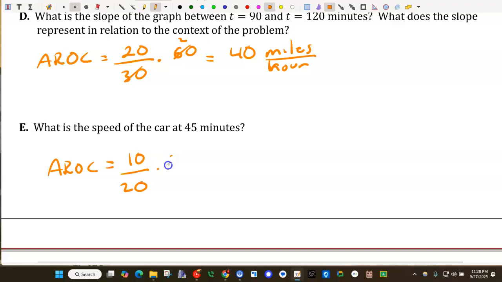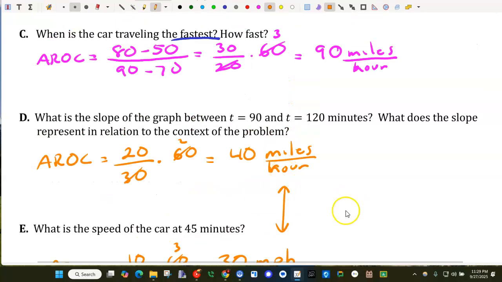Okay, and multiply that by 60 again. That goes 3, so we have 30 miles per hour. Sometimes you'll see it written as mph, so these are the same thing, miles per hour, same meaning.